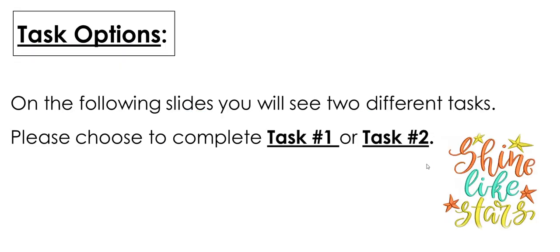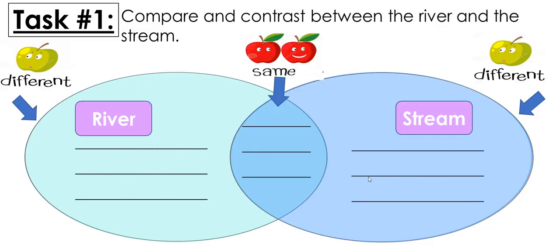So we have here two options. Please choose to complete task number 1 or task number 2. For task number 1, you need to compare and contrast the river and the stream. So let's remember how to do this type of diagram. It's called the Venn diagram, and we use it when we are comparing and contrasting.